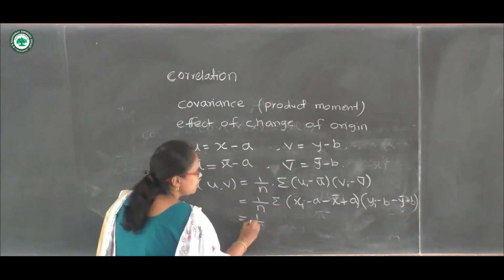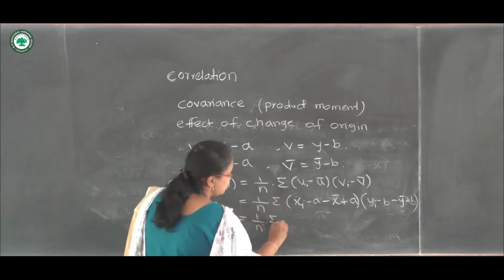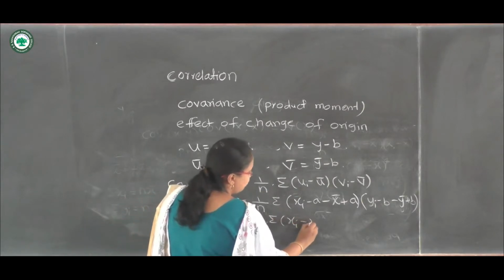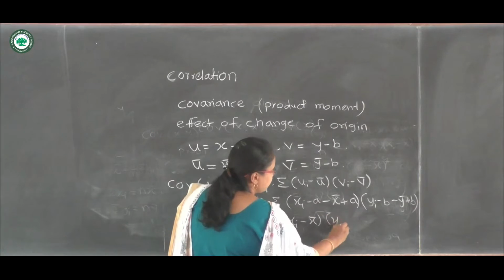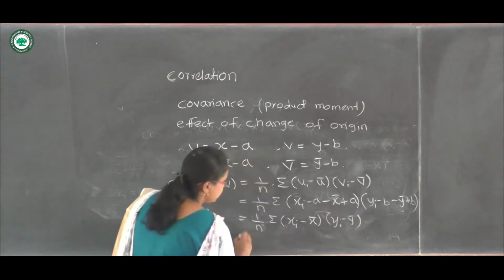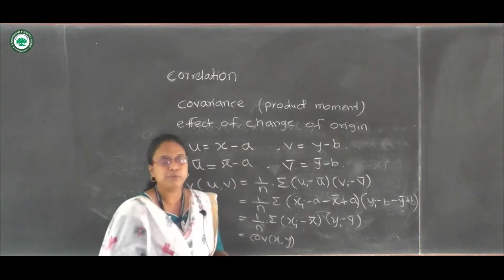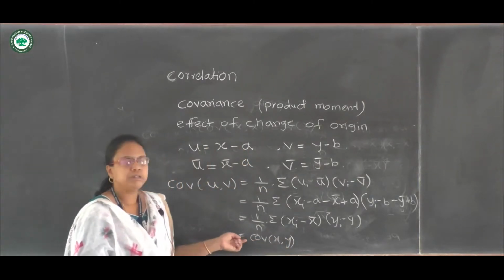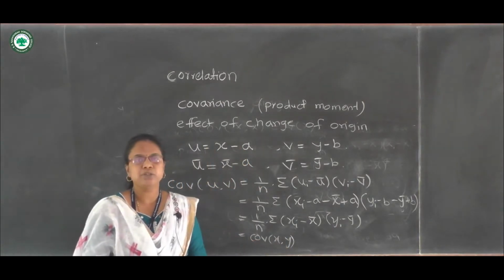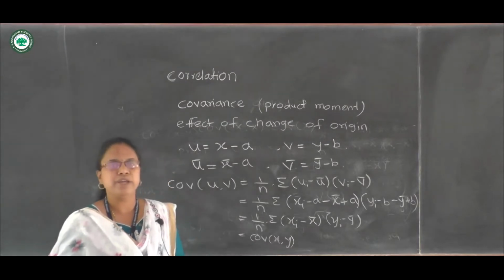So here the constants will get cancelled and finally we have summation of xi minus x bar into yi minus y bar, which is covariance between x and y. So here we observe that there is no effect of change of origin on covariance.